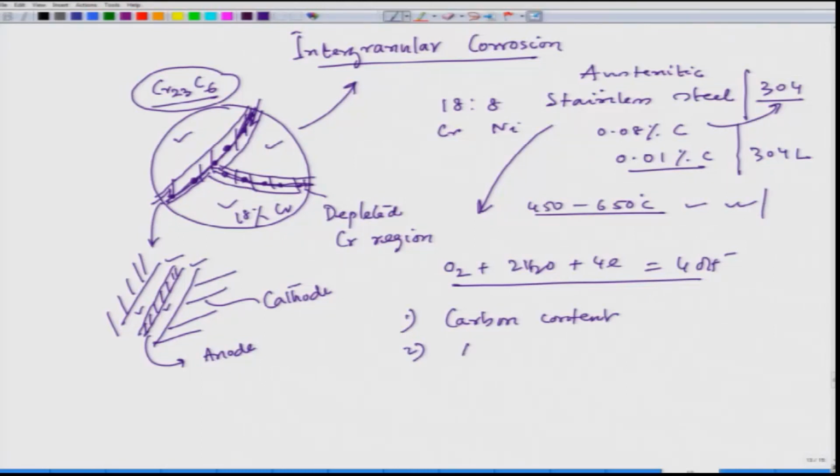If we can avoid staying longer in 450 to 650 degrees Celsius, that helps. When we hold this steel in this temperature region and chromium carbide forms along the grain boundary, we call this phenomenon sensitization.